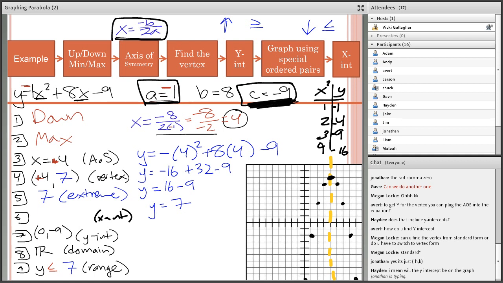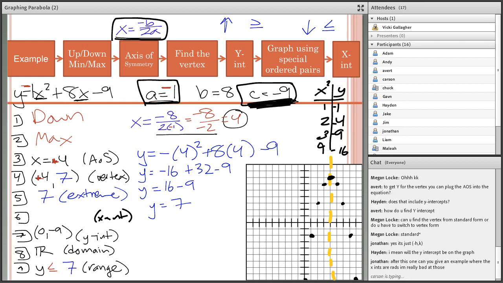So sometimes you just got to do a little bit more than the minimum requirement. So you can get the y-intercept from the graph by making your special ordered pairs keep going, and then redraw a U-shape. Guys, it has to be a U-shape. It can't be a V-shape. Mine is definitely not a U-shape, but we're going to pretend I am drawing nicely on a piece of paper.